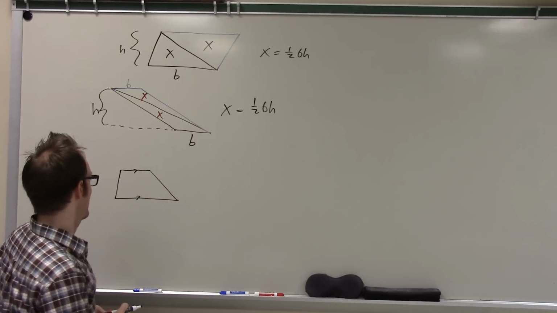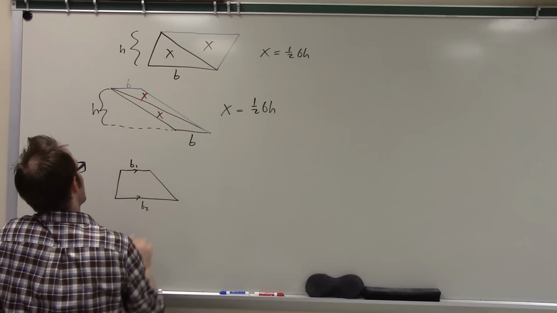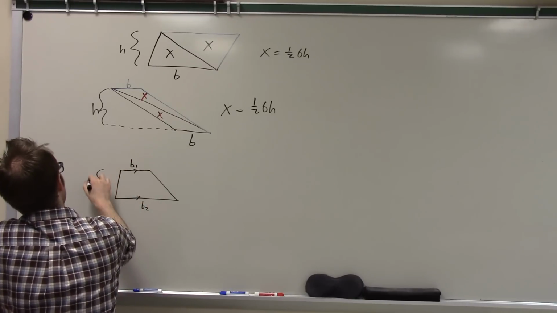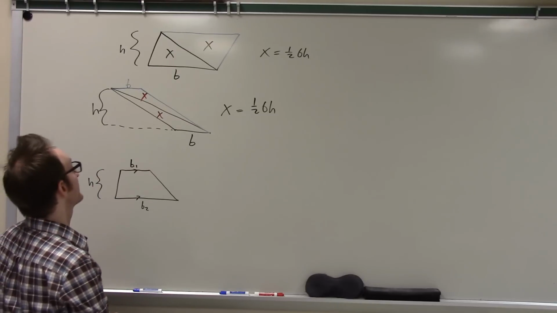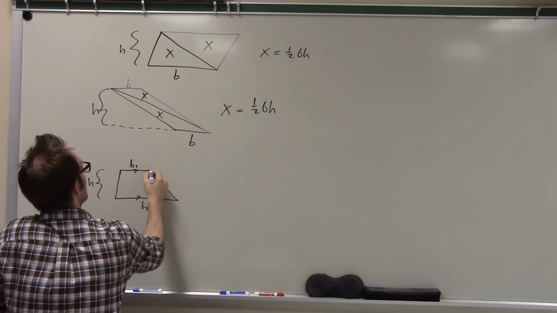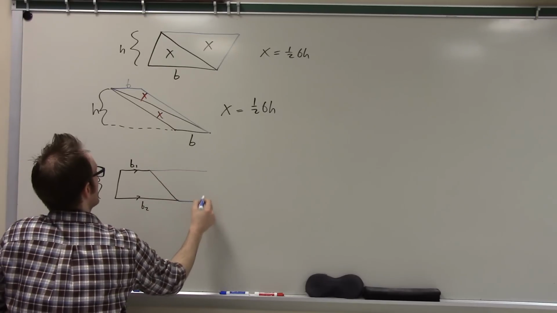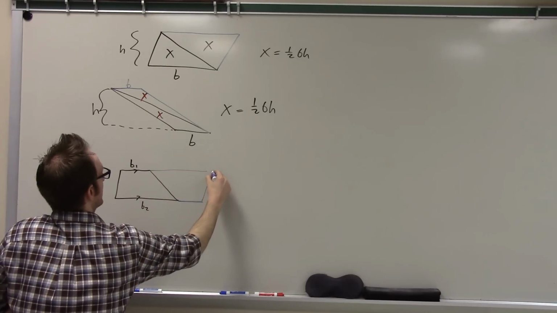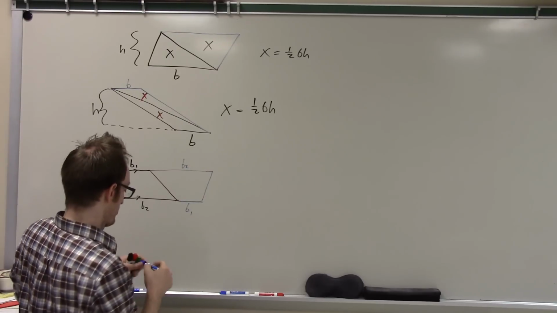How do you find the area of a trapezoid? Well, if I call this guy B1 and I call this guy B2, and if the height of the trapezoid is h, probably the very simplest thing to do would be to copy B2 up here, copy B1 over here, and if I do that, that's B1, that's B2.